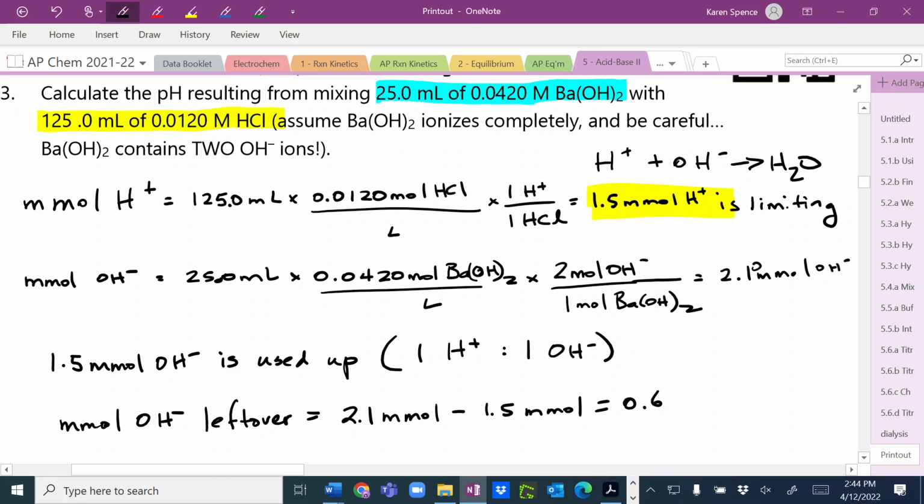Oh, 3 sig figs there, so that's going to put us at 0.60 millimoles of OH minus. And now you can just put that hydroxide over your total volume and find your concentration of hydroxide, find your pH, find your pOH, find whatever you need to.